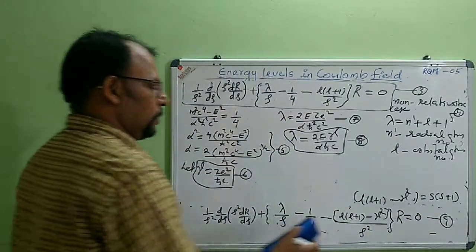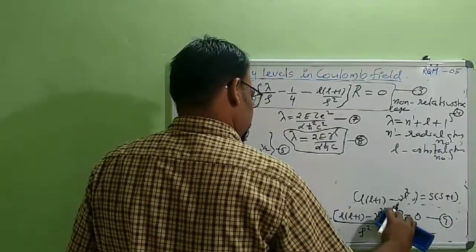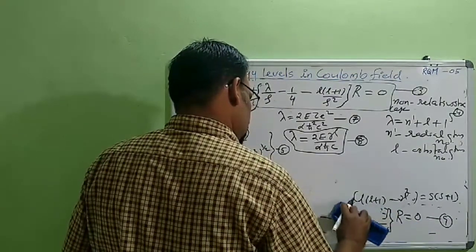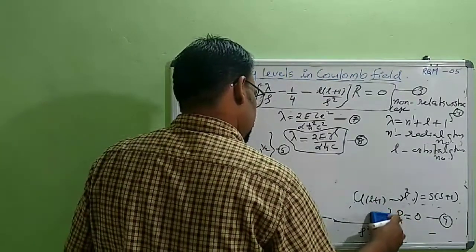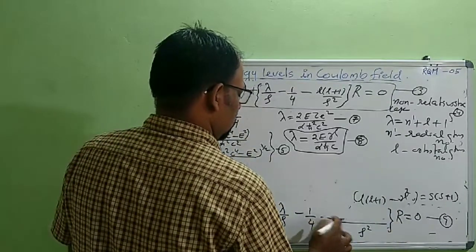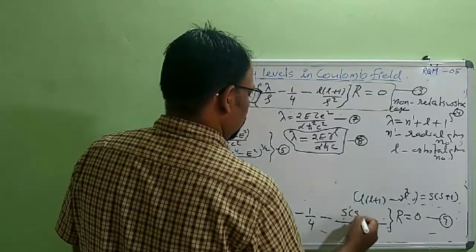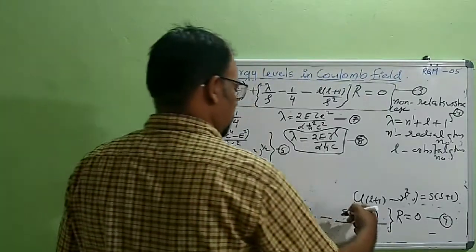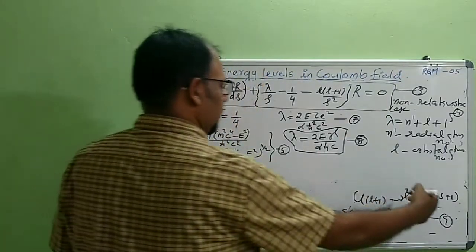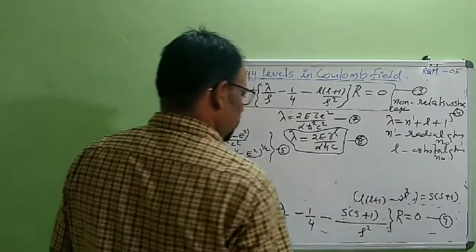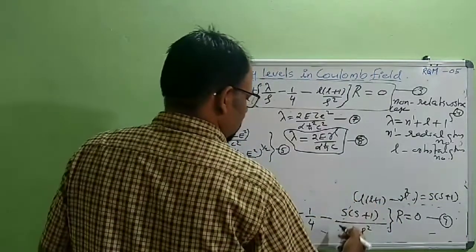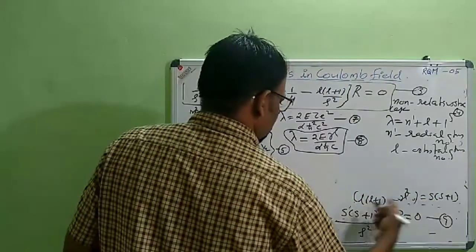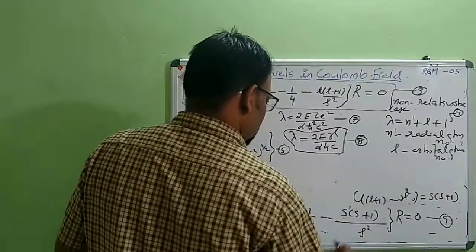This L into L plus 1 minus gamma square, what we have written there, we can write it as S into S plus 1. So we have introduced a new quantum number S, which is related to orbital quantum number L as S into S plus 1 equal to L into L plus 1 minus gamma square.